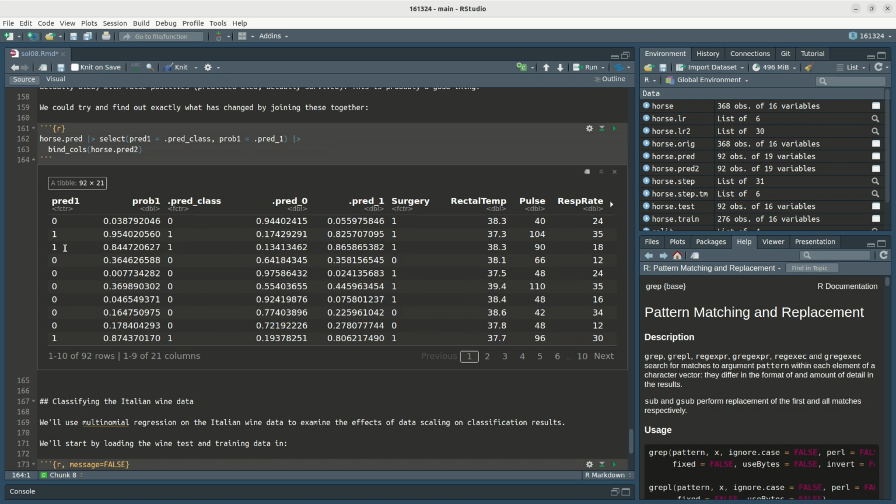Here we have the predicted class with our first model, and here's our predicted class with the second model. And we can see that they're mostly the same, but we could find that one's different. So here's one that's changed. And we might want to perhaps plot the predicted probabilities against each other. So we've got the probability of death here.